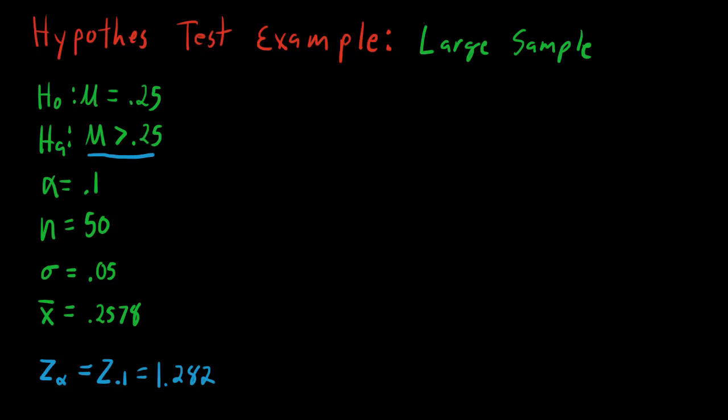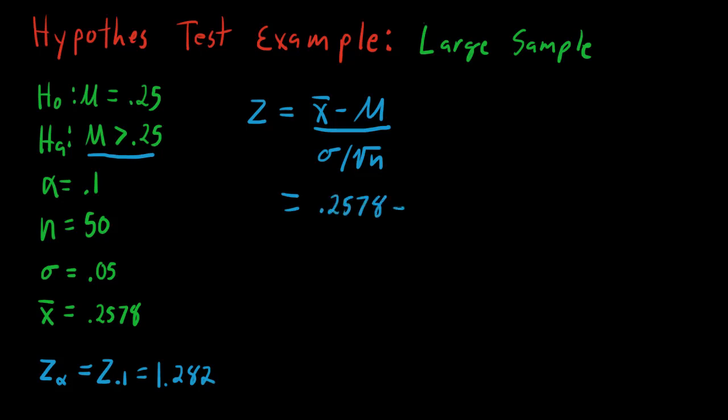And then for our statistic, we calculate again our z value, and that's equal to x bar minus mu divided by our sigma over the square root of n, and we get x bar is 0.2578 minus our mu of 0.25, and that's divided by our sigma of 0.05 divided by the square root of n, which is 50.